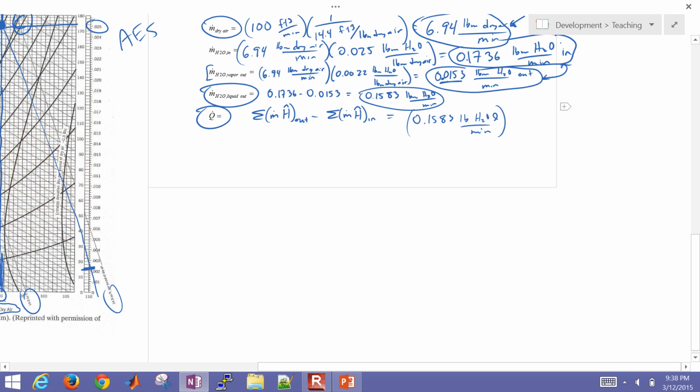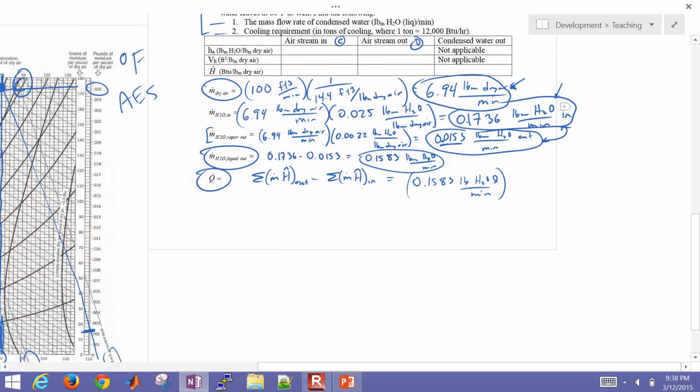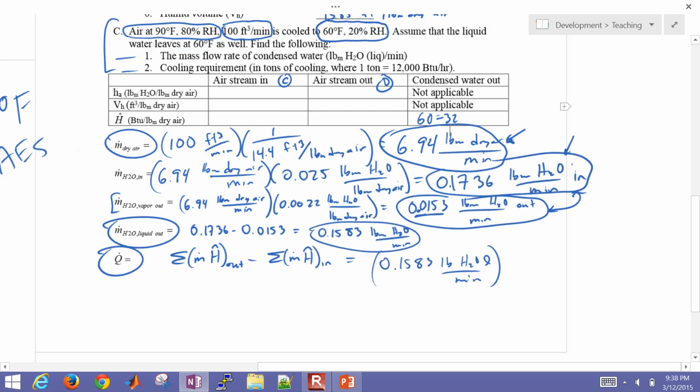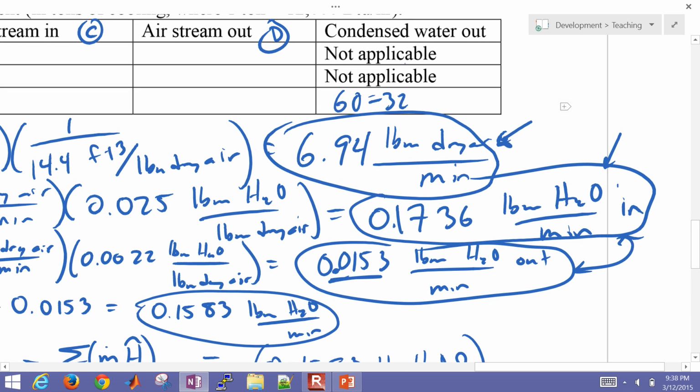And we had, let's see, it's at 60 degrees, and we know that that's going to be 60 minus 32, okay, and then times 1 BTU per pound mass degree Fahrenheit, and so that's going to be 28 BTUs per pound mass for liquid.